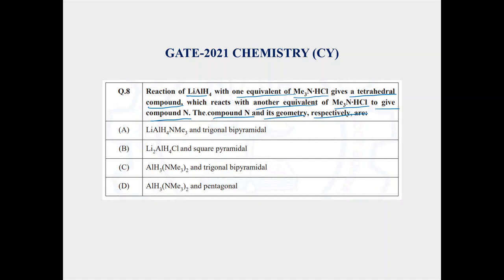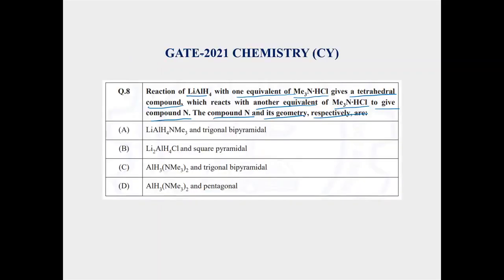So first of all, the reaction happening is LiAlH4 plus NMe3·HCl. Whatever is forming at first, let's say that's compound A, has a tetrahedral geometry. It is given in the question, right?